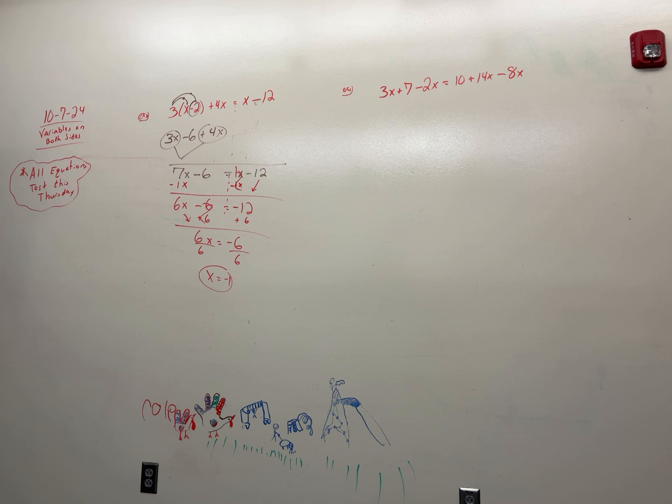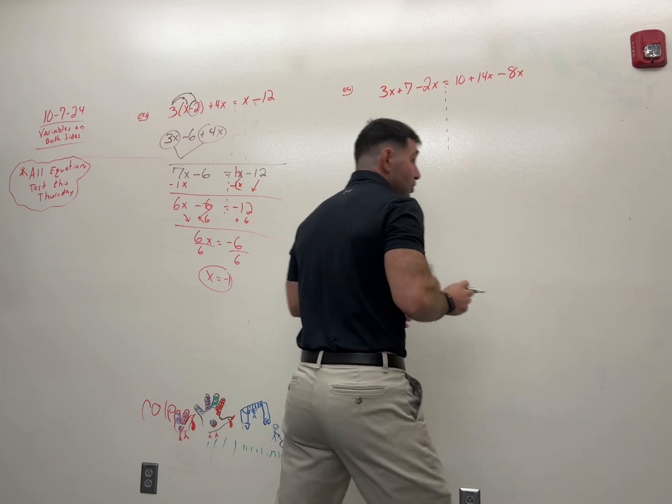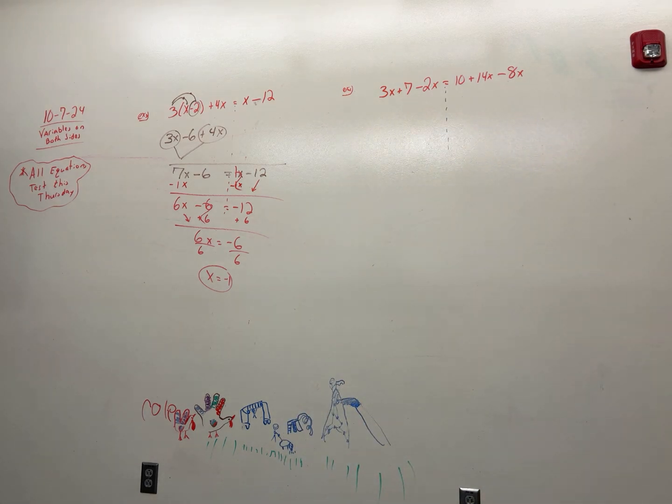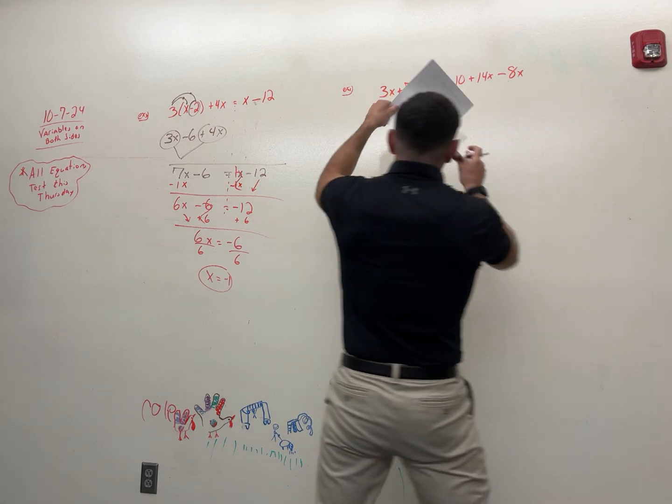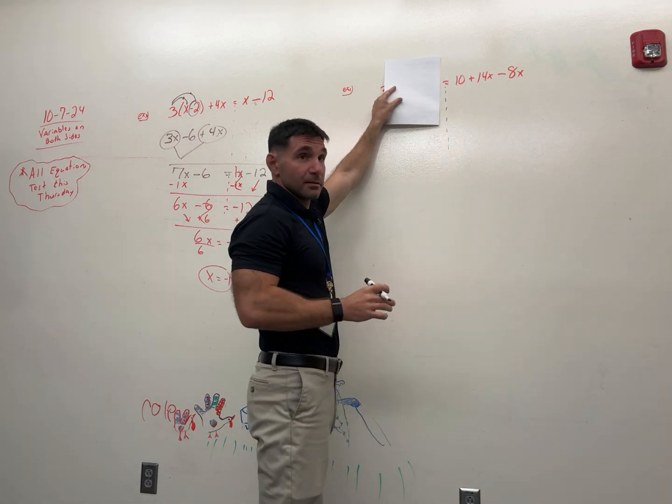Okay, here we go. So this is where it's important to have two different sides. Balance point. No distributing, because there's no parentheses. I cover up one side.